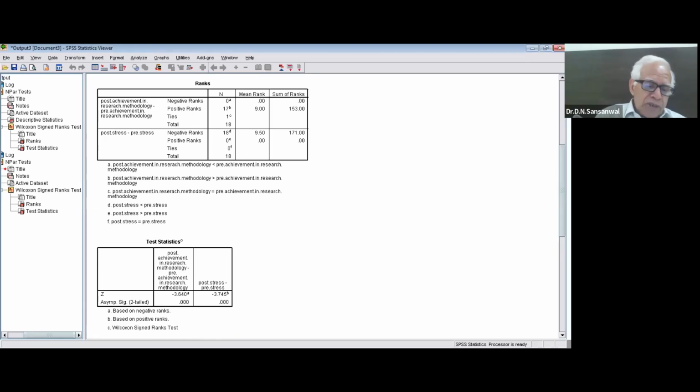The value of Z is minus 3.64 and it is significant at 0.01 level.